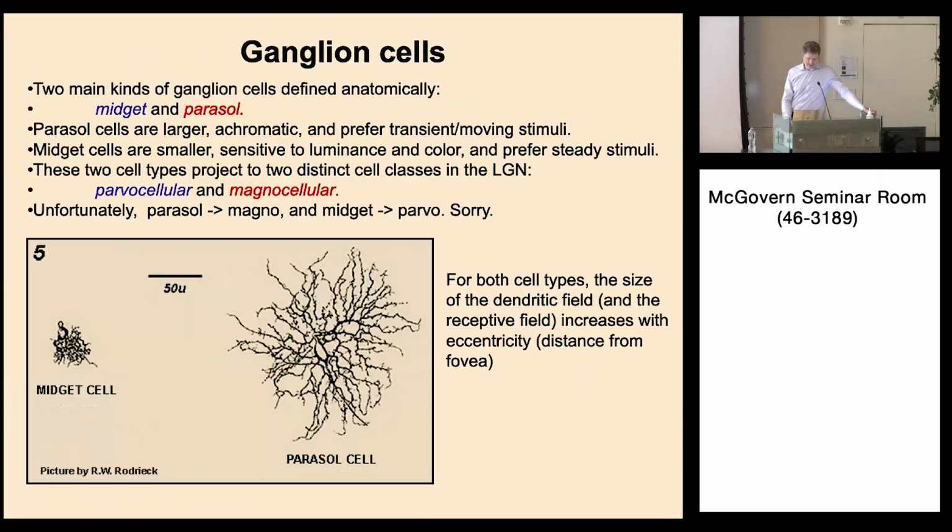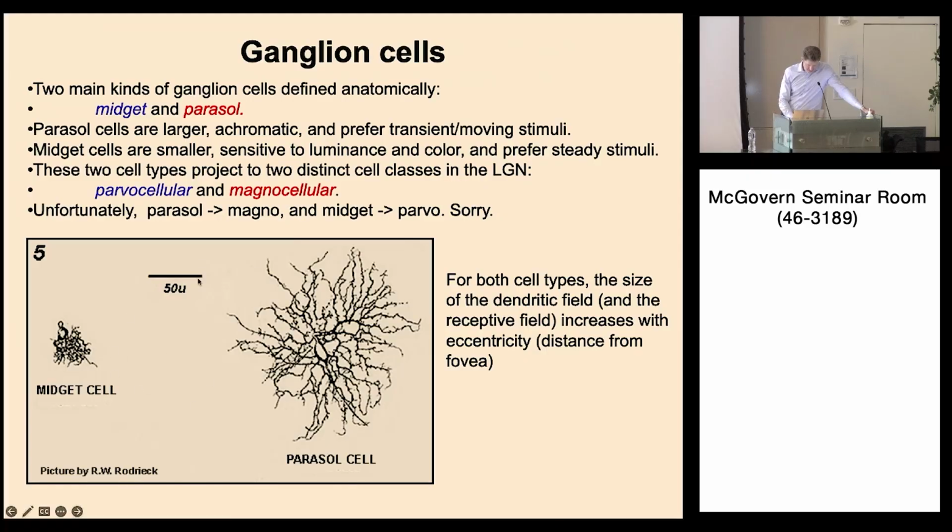Okay, so those are photoreceptors. The other kind of class of cells that we're going to talk a fair bit about today are ganglion cells. So remember, this is kind of the type of cell that provides the output from the retina, right? And there are two main types of ganglion cells that are defined anatomically, and they're called midget cells and parasol cells, right?